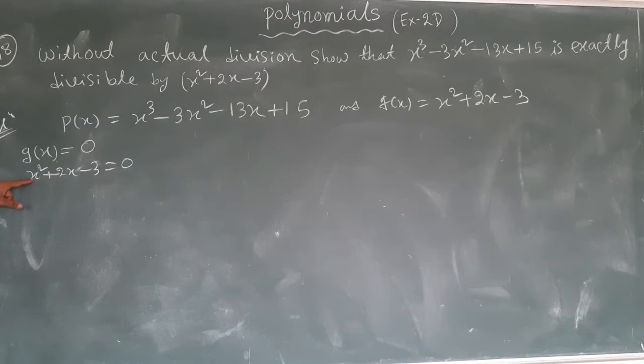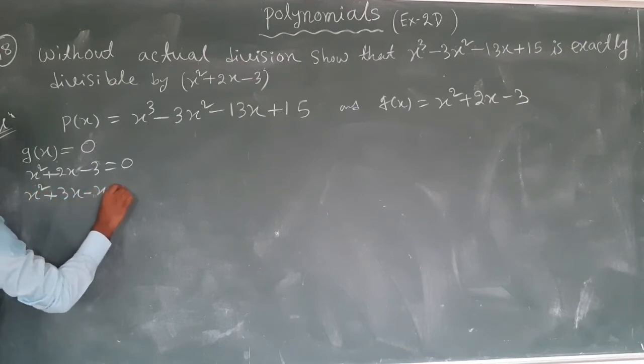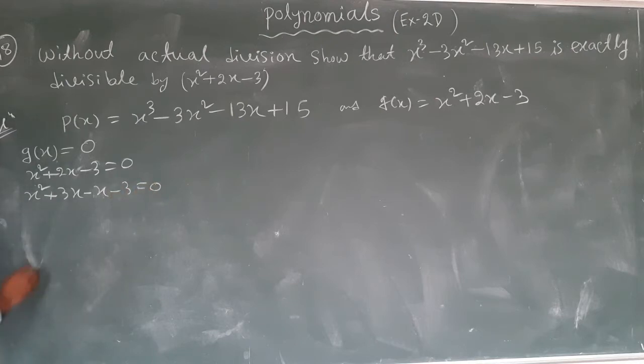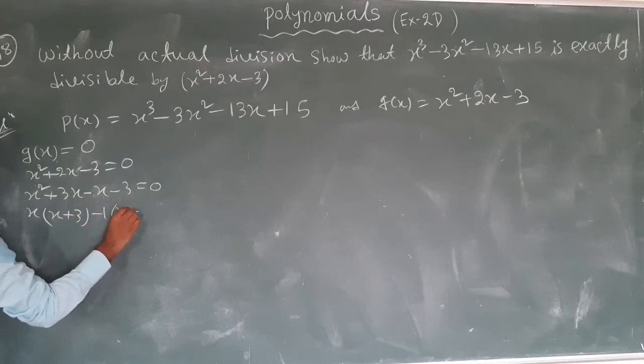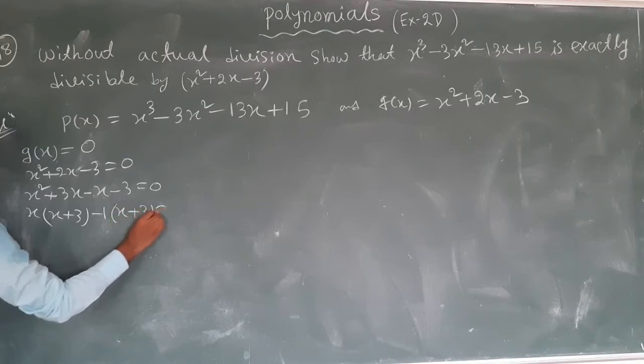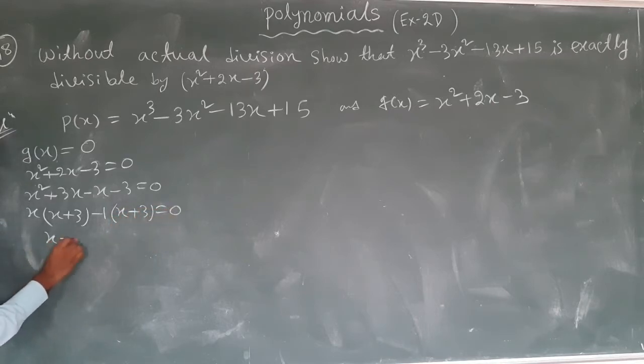Now we factorize this. So x square plus 3x minus x minus 3 equal to 0. x is taken common, so (x plus 3) is common, (x plus 3)(x minus 1) equal to 0.